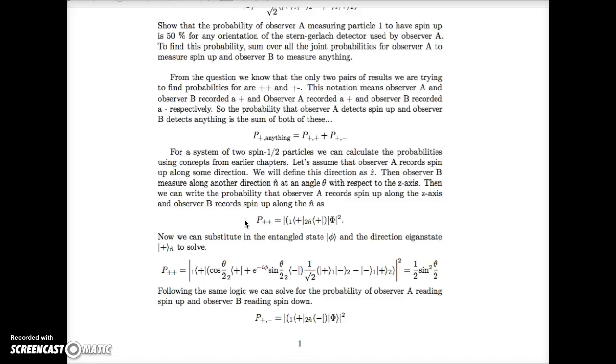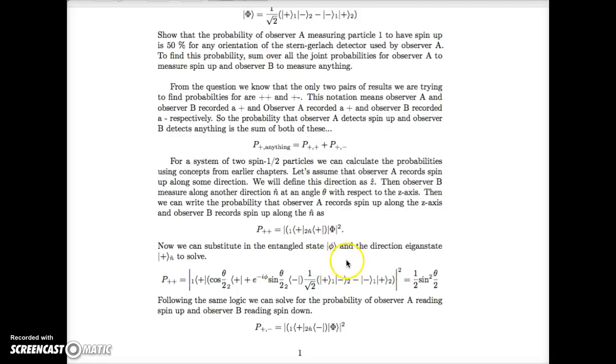Now we can substitute in the entangled state and the direction eigenstate to solve. So our probability for observer A and observer B both detecting spin up is this once we sub in for our direction eigenstate and our entangled state, and we find this to be 1/2 sine squared theta over 2.